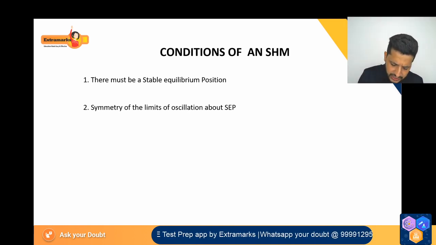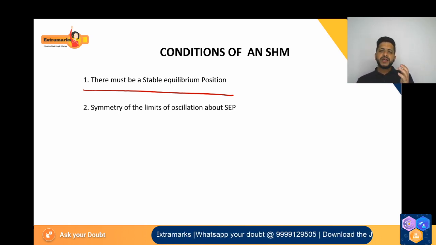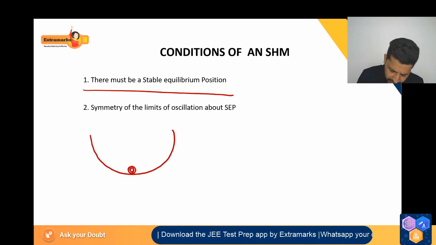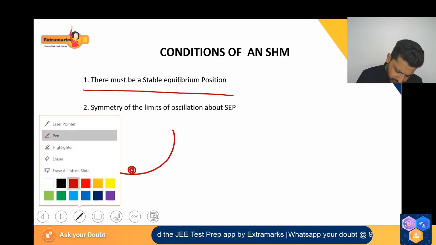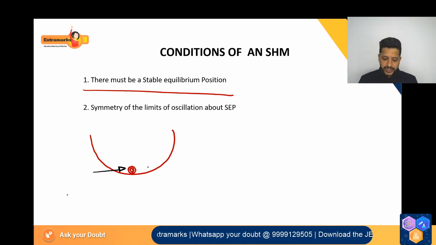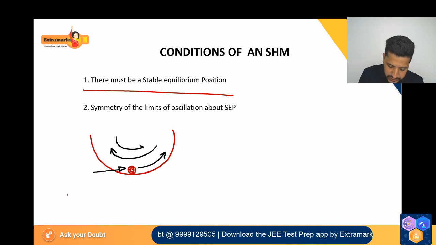The first condition is there must be a stable equilibrium position. In the work energy power chapter, you people have understood in great detail what a stable equilibrium position means. For example, if this is a hemispherical bowl, I have a particle here, same particle, say point P. When I apply a certain push on this particle, it is going to go slightly above and then come back and perform certain oscillations.